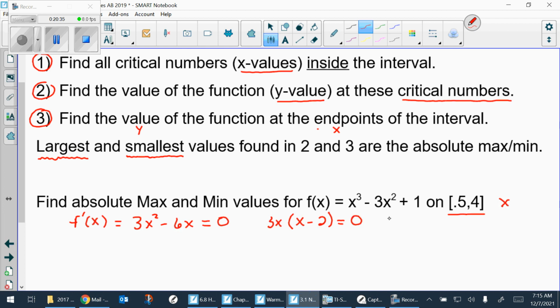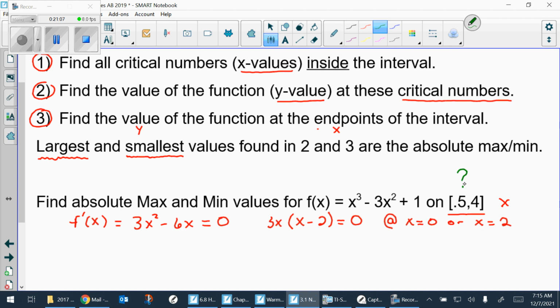And it doesn't take much to figure that this is equal to 0 at x is equal to 0, or x is equal to 2. Those are my critical x values. Now you've got to ask yourself, are both of those in this interval? And I think we'd agree that they are.